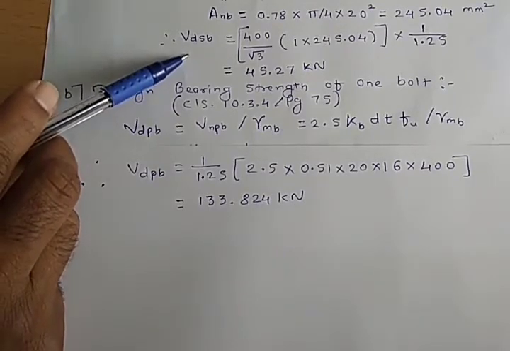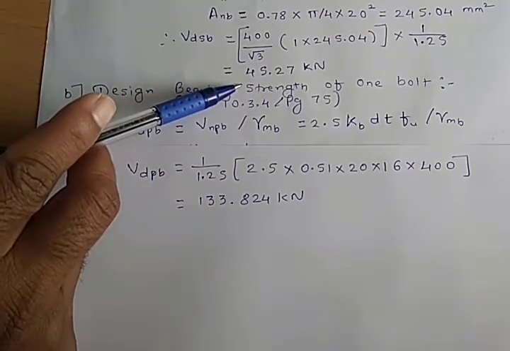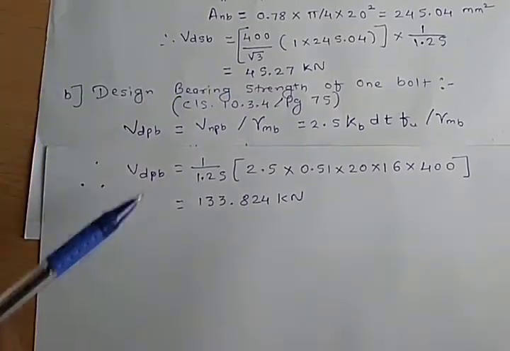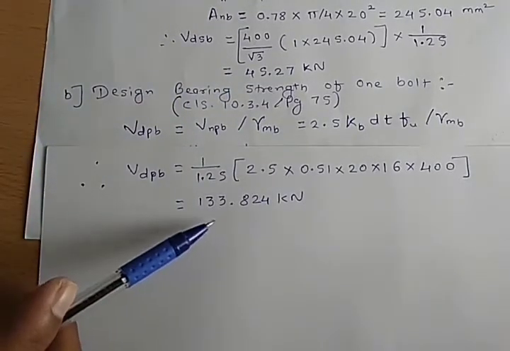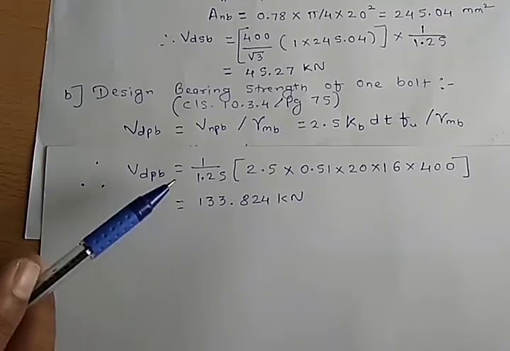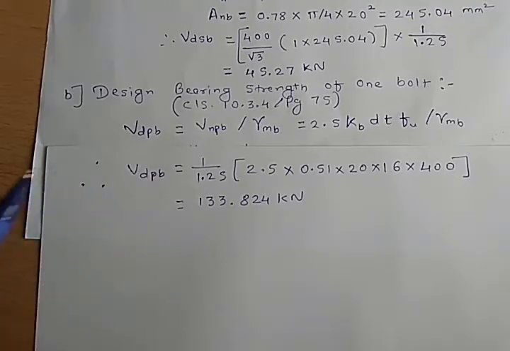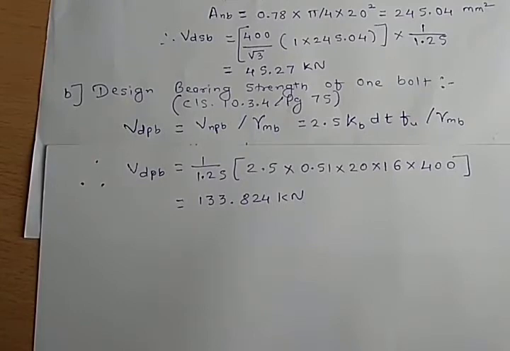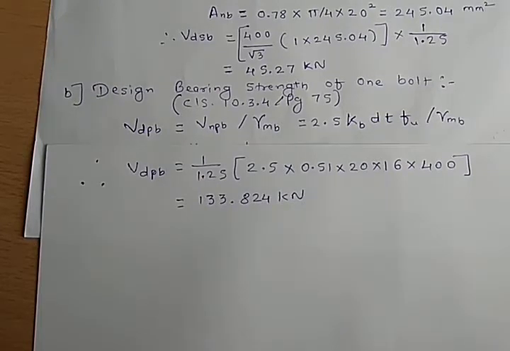So this is how we calculate VDSB. We calculated it earlier as 45.27, and now VDPB we have calculated as 133.824 kilonewton. These are the two terms we calculated in this step number 2, and out of these two, whichever is the maximum value is to be considered for further calculation. The maximum value here is VDPB, 133.824 kilonewton.